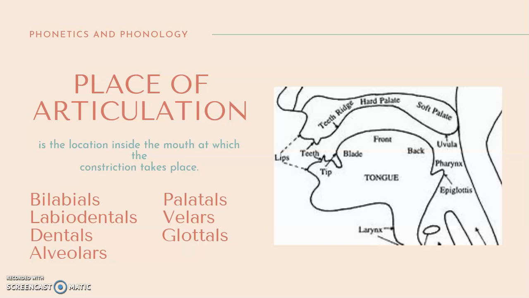Now, place of articulation is the location inside the mouth at which the constriction takes place. We have bilabials, labiodentals, dentals, alveolars, palatals, velars, and glottals.